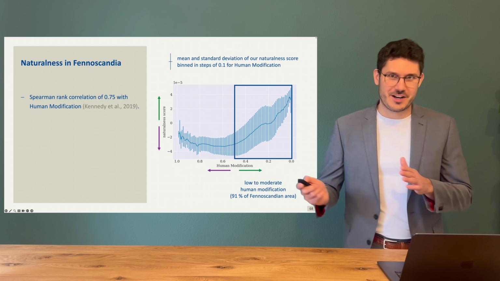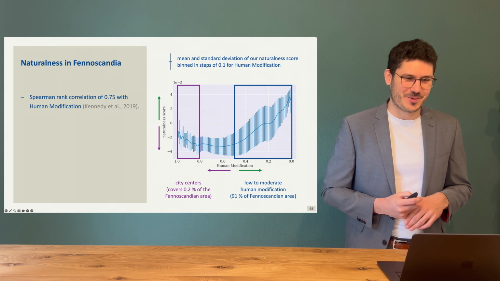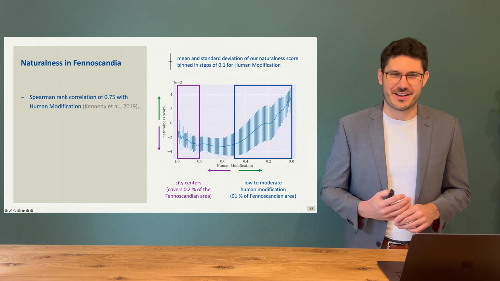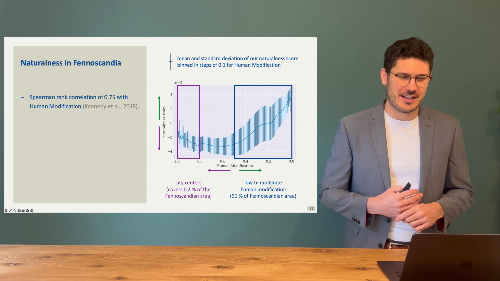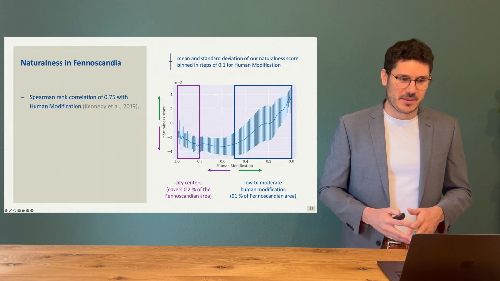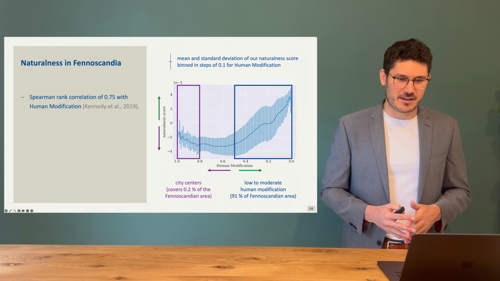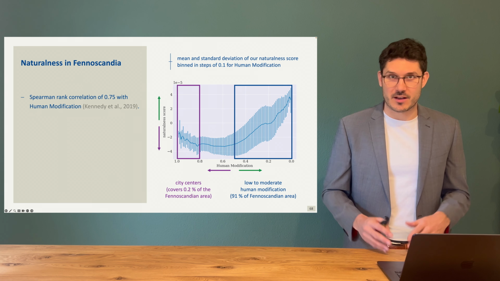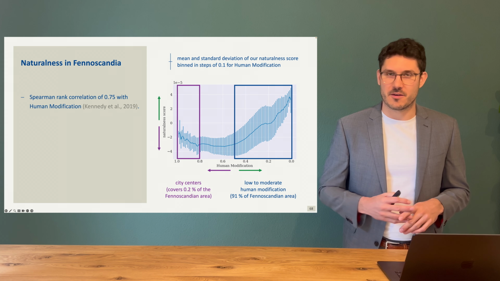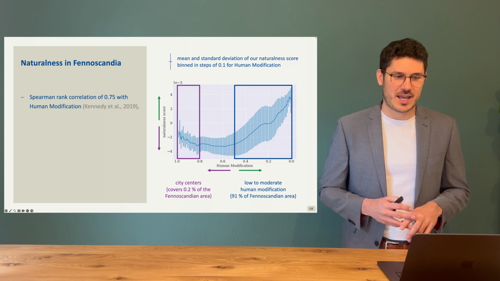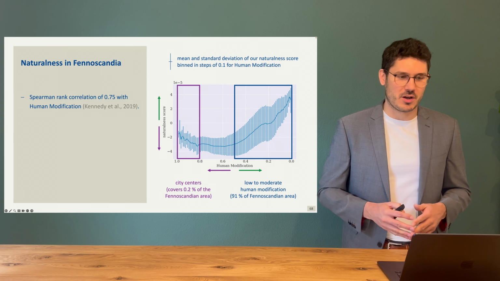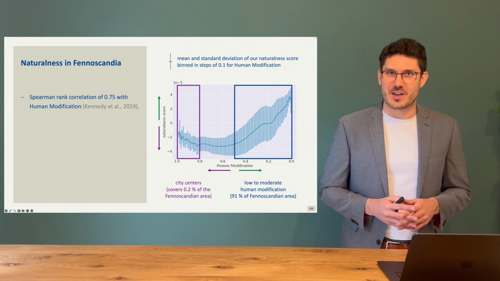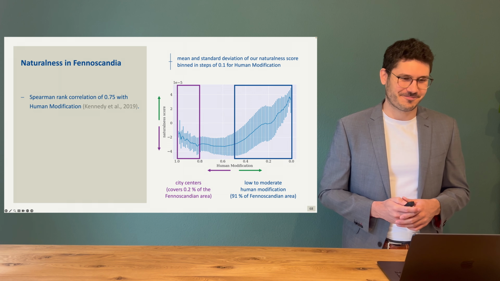And you might wonder, on the left-hand side of this plot, oh, what is happening here? There's an anti-correlation. And yeah, true. This aligns to the city centers mostly, which covers only 0.2% of the Fennoscandian landscape. But yes, here our model seems to do something strange.